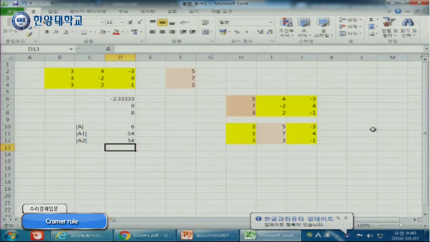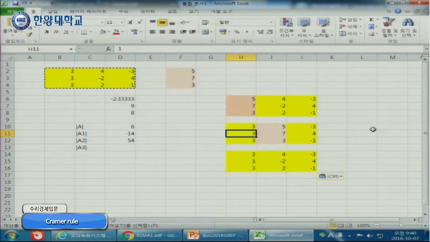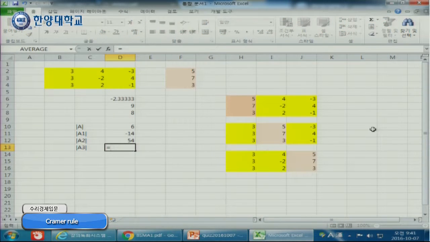Right? And then the A3 matrix. For the A3 matrix, again we copy, paste, and then instead of the third column we plug this one in. Right? So A3 is this.